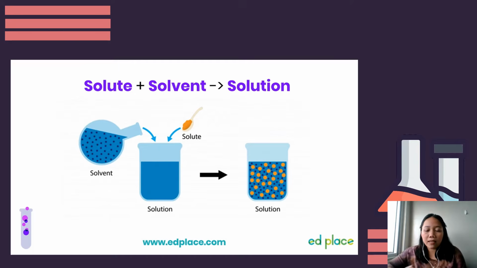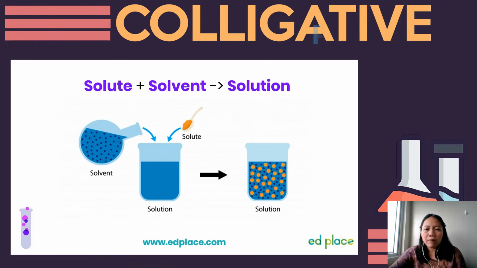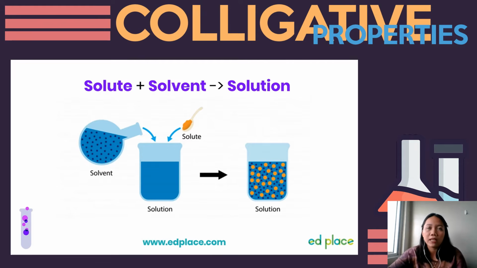So again, in a solution, please don't forget that because of the addition of your solute, the solute particles, if you add them to a solvent, you will always come up with a particular solution. And because of the addition of that particular solute, the property of the solvent will change.